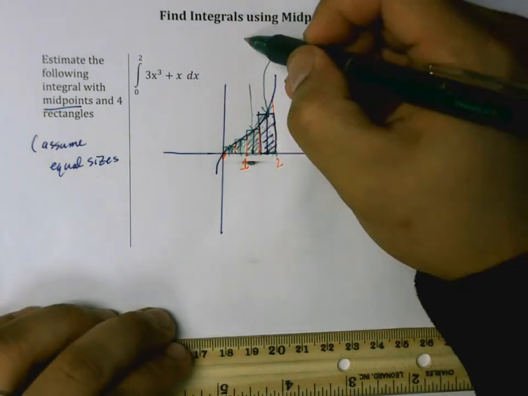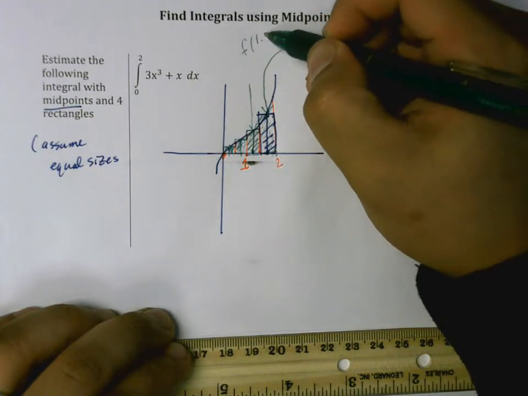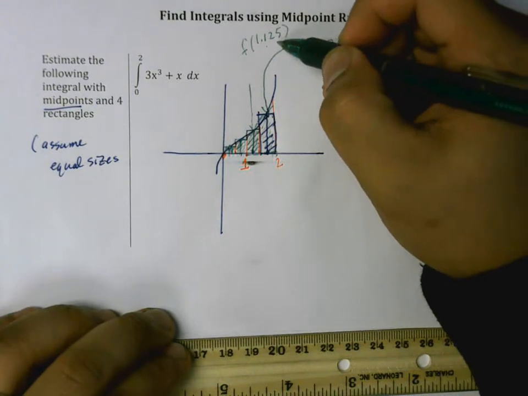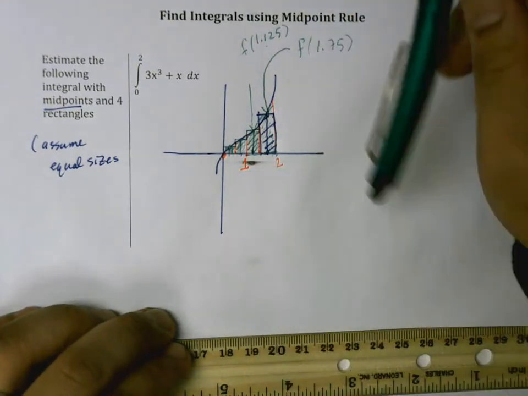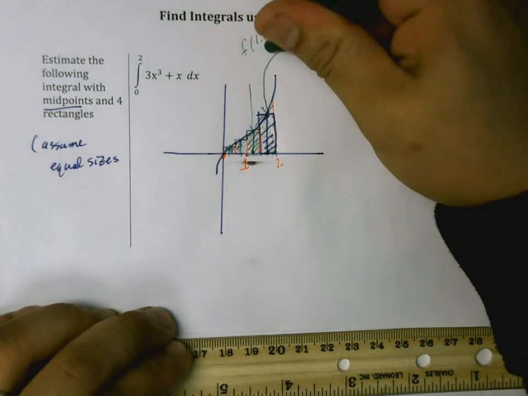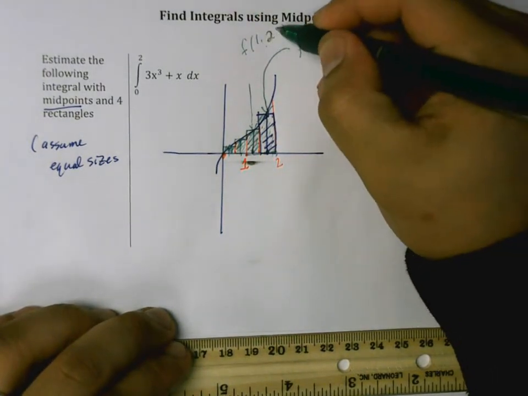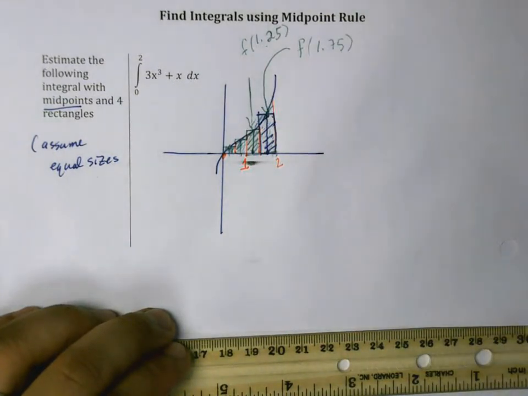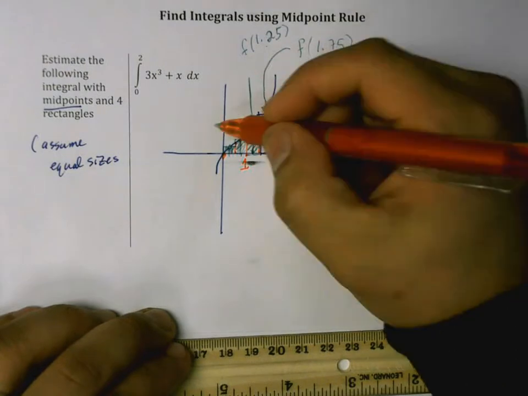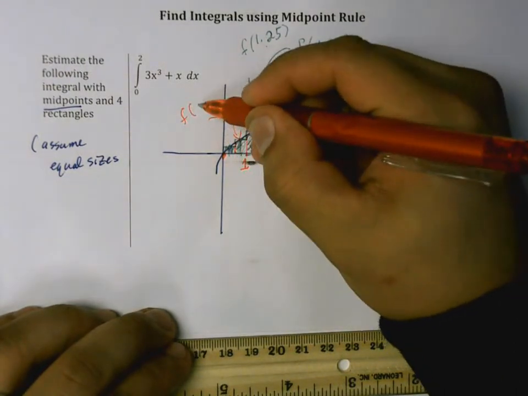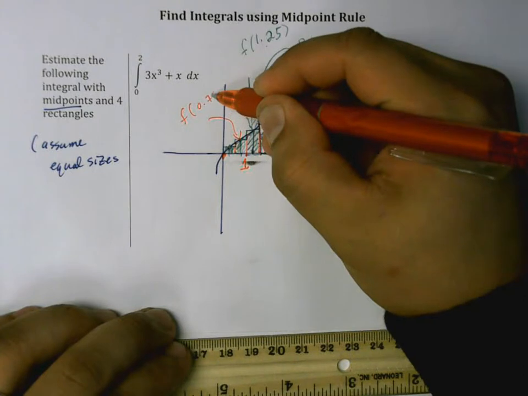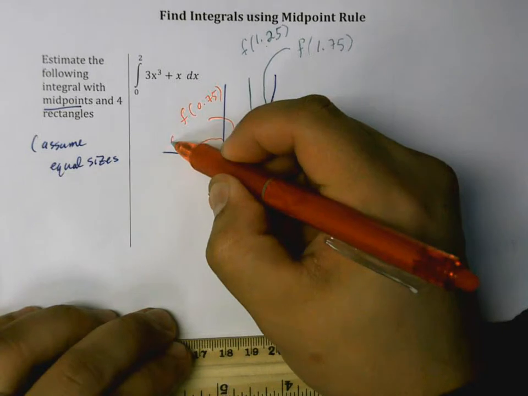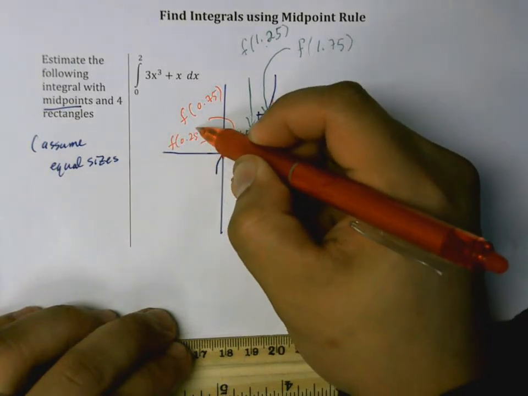This point right here is going to be f of 1.25, because that is the midpoint between 1 and 1.5. This point here is going to be f of 0.75. And then this point here is going to be f of 0.25.